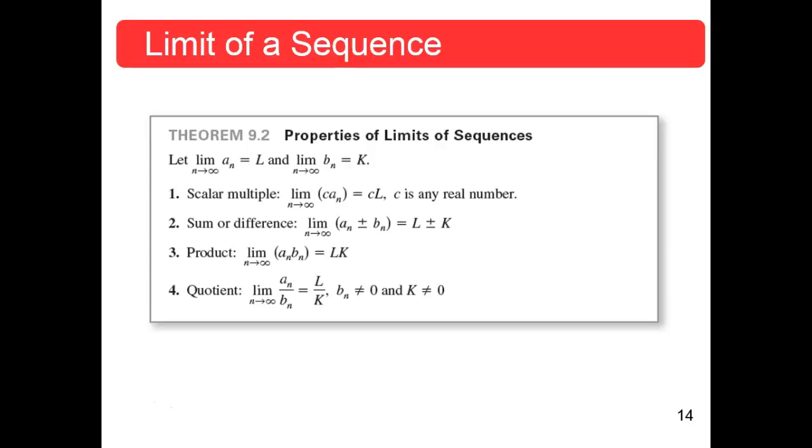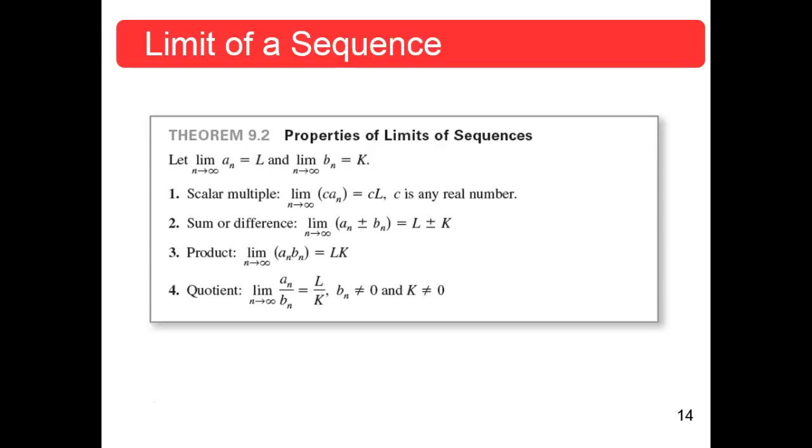Secondly, sum or difference. The limit as n approaches infinity of a sub n plus or minus b sub n. Two different sequences, you're adding them together. Then it'll be the limit of the first plus or minus the limit of the second. If it's plus, it's plus. If it's minus, it's minus.